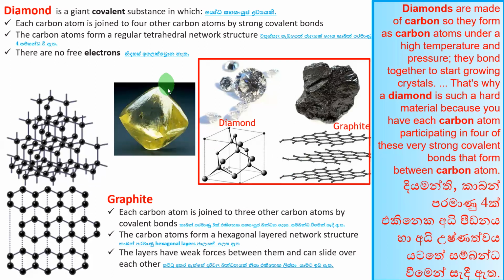But remember, inside the diamond, there are 4 carbon atoms joined together with covalent bonds. But in graphite, only 3 carbon atoms are joined with covalent bonds in a hexagonal way. This is tetrahedral. This is the difference between diamond and graphite.